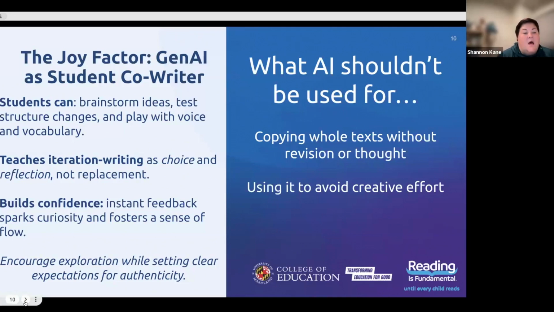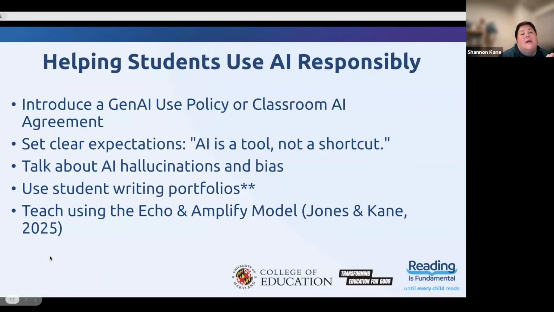So this idea of helping students, right? The first idea, and all of this is obviously developmentally appropriate, we want to really think about this, but is having a policy or classroom AI agreement, right? And being really clear. And this is something that my colleagues at Maryland and I are still wrestling with around individual courses: what is the AI policy?